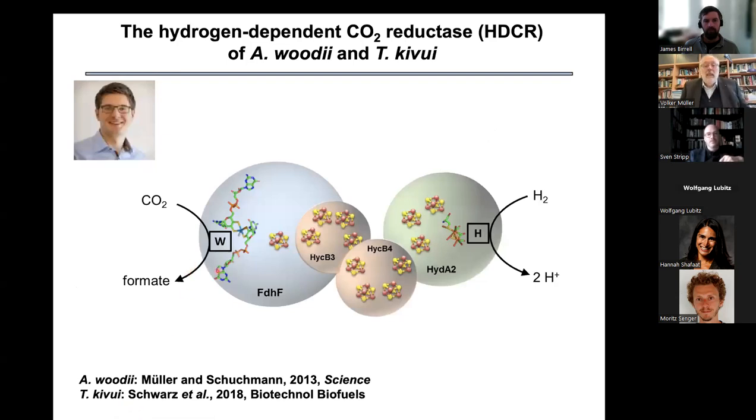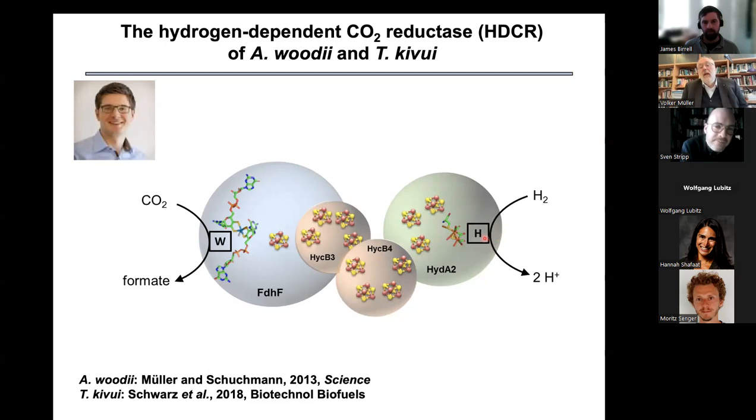We then did quite a bit of work on subunit interactions, on cofactor content, and this is what I call a molecular hallucination. You have a gene sequence, you do some biochemistry, and then you can come up with a cartoon. The cartoon shows you here on that side the formate dehydrogenase, here on that side the hydrogenase, which is an iron-iron hydrogenase.